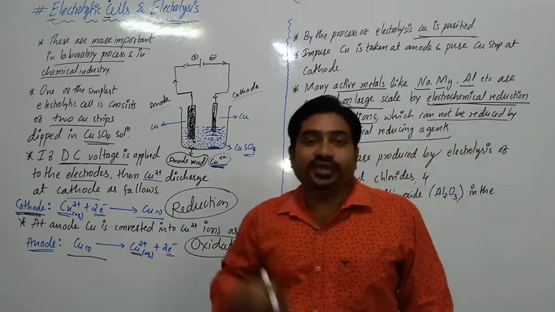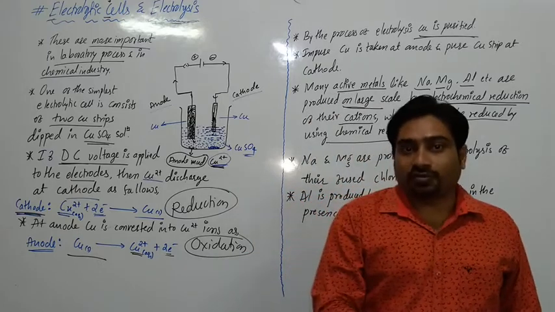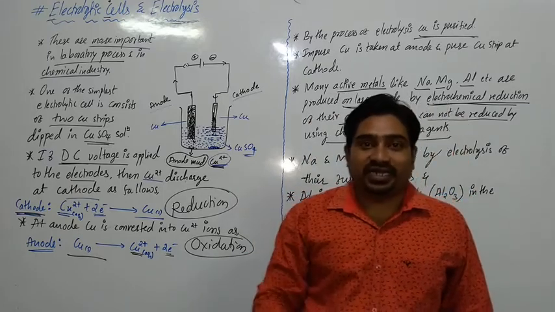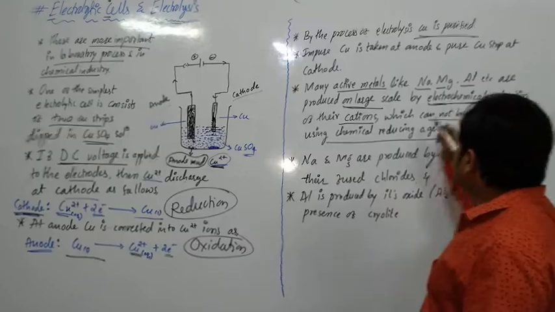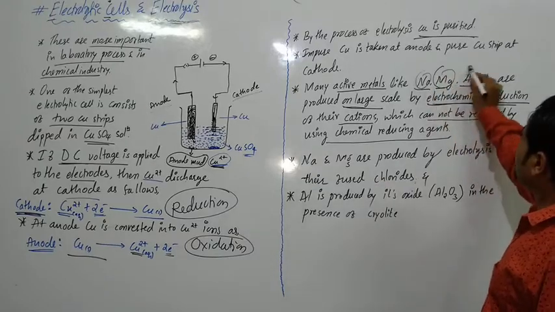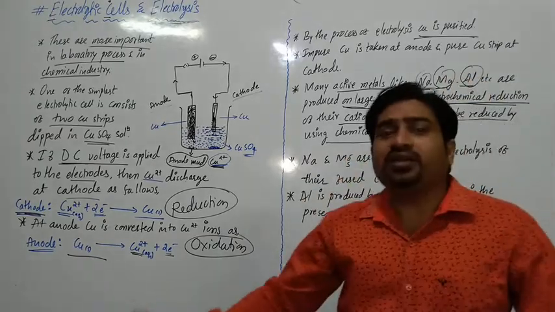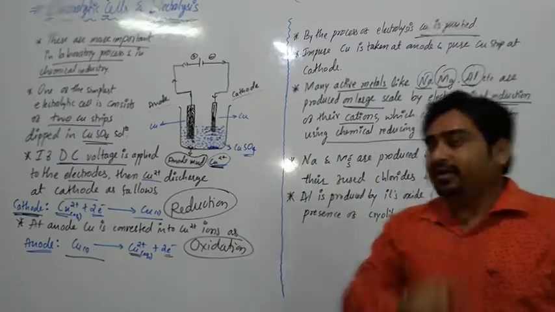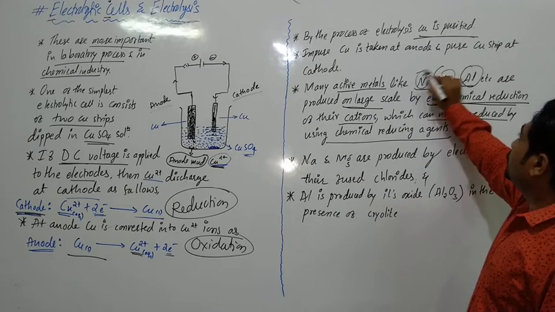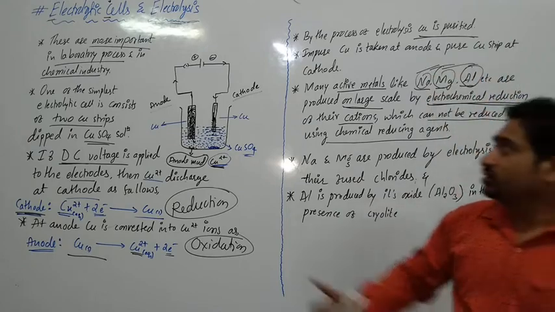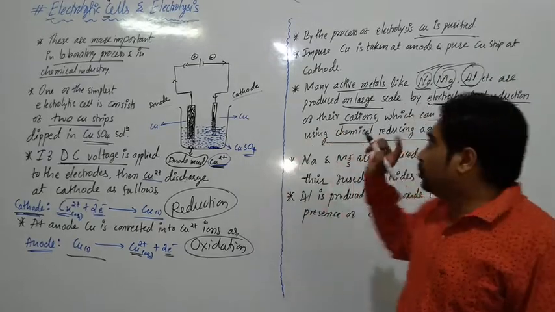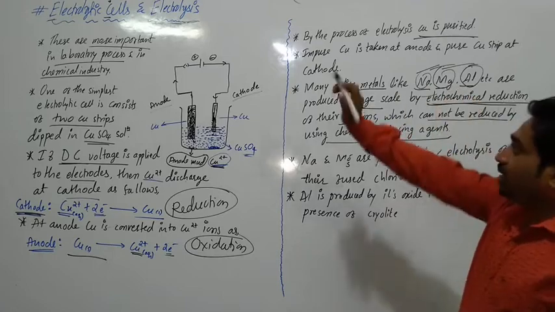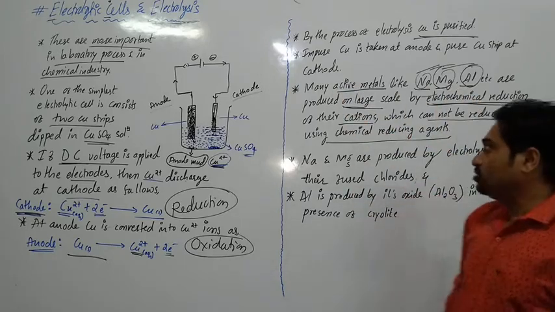But sodium, magnesium, aluminium can never be reduced by using those classical reducing agents. Because of that reason, to reduce them, we should use this method, isn't it? So these are prepared by electrochemical reduction of their cations.